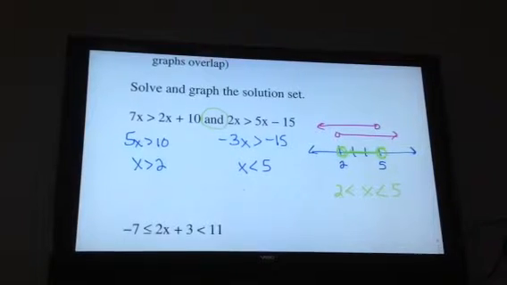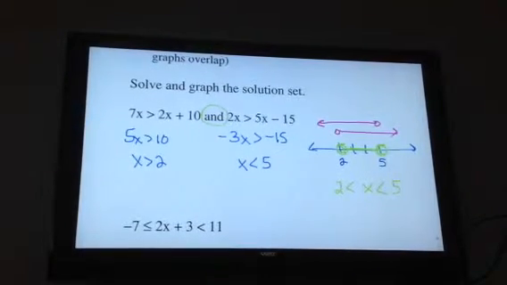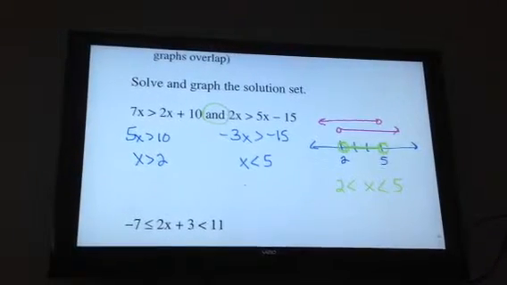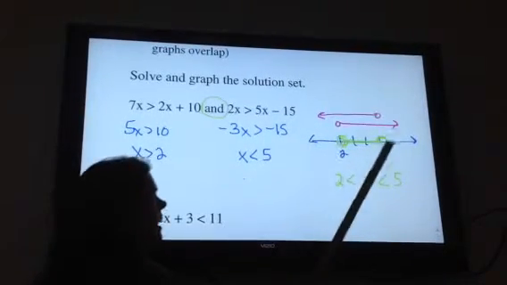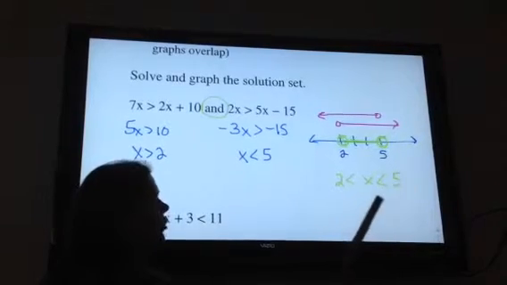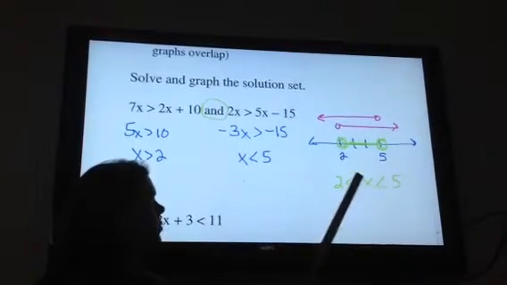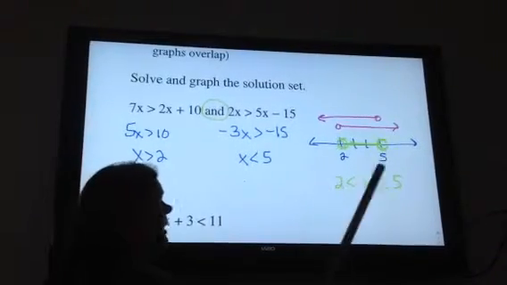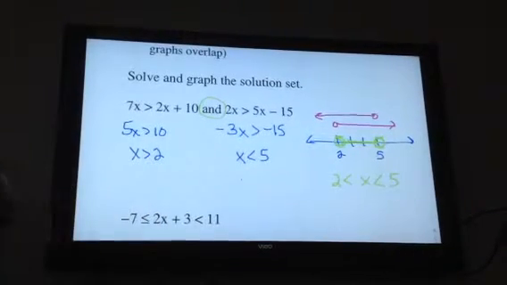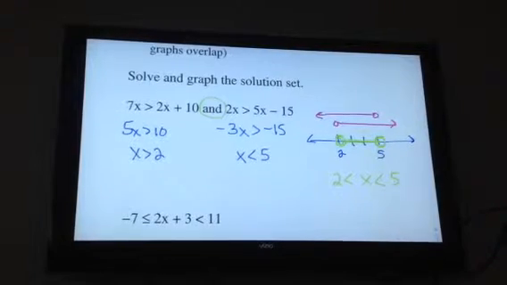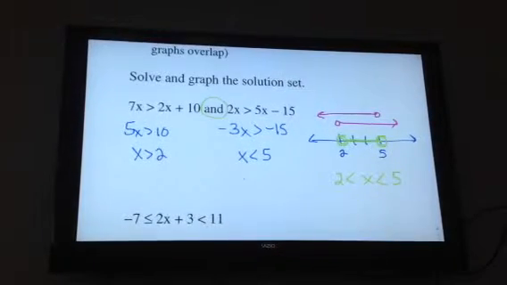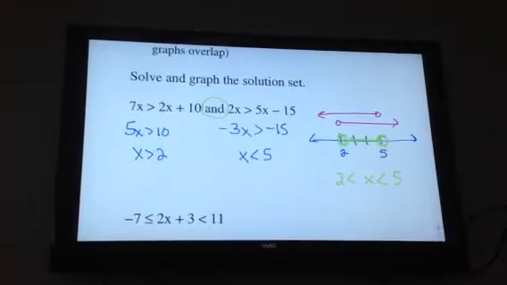They are not equal to, they're not closed circles, so I don't put the little line under the inequality symbol. Okay? So when you have a dumbbell graph, this is what your algebra answer should look like. x is between 2 and 5, exactly what the graph says. So your algebra answer and your graph answer need to match each other. Okay? It's not going to have the word "and" written in the answer.